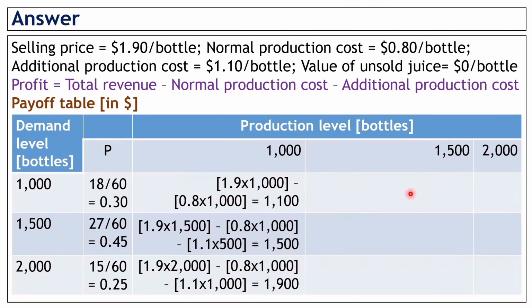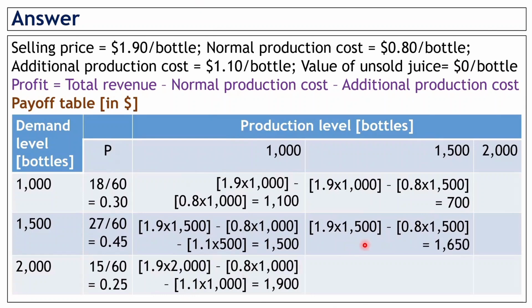The profit computation is as follows. When the demand is 1,500 bottles, it is equal to the production quantity 1,500 bottles. Everything produced will be sold. The profit computation is as follows.